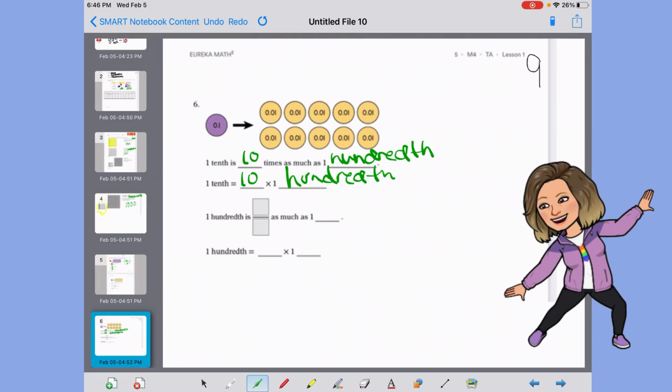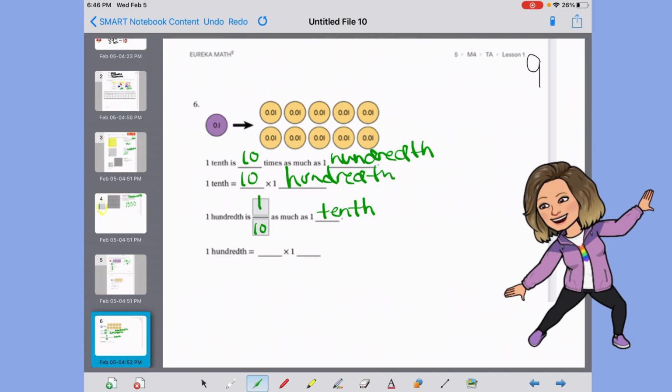Okay. Flip that around and we know if we're comparing 1/100th, we're saying that is 1/100th as much. Oh, I said that wrong. It's not 1/100th. It's 1/10 as much as 1/10. I'm sorry.